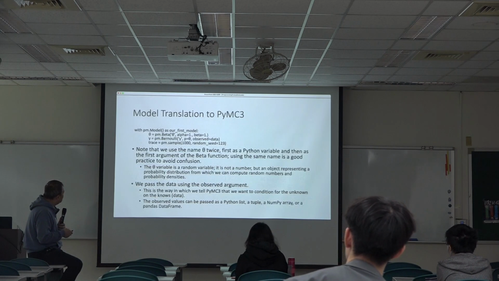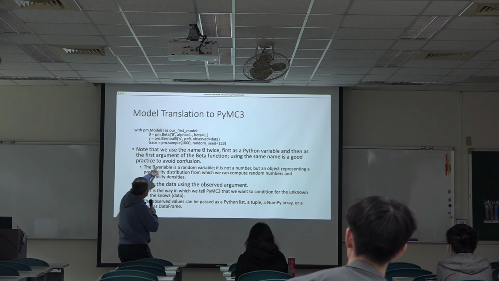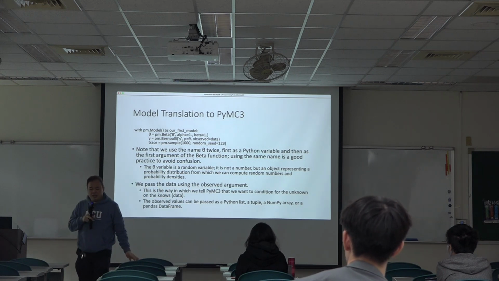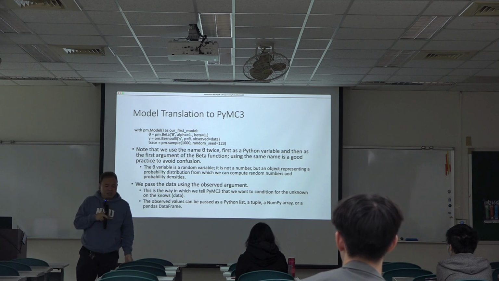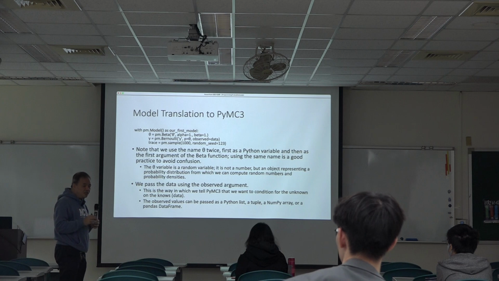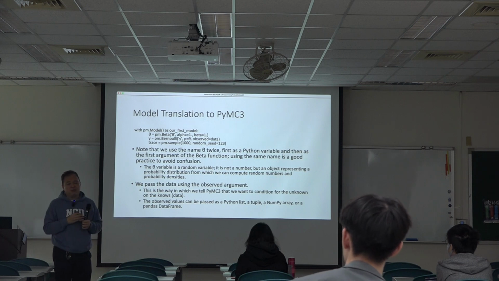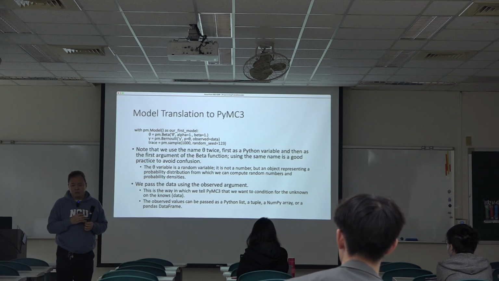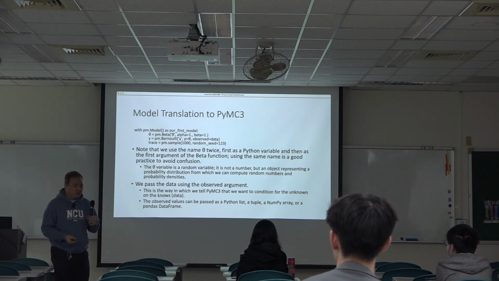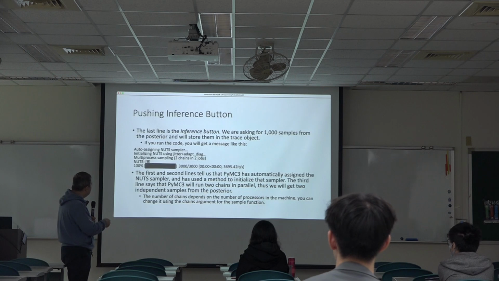You can see that with pm.sample, we didn't specify a lot of information, but this sampling process is going to generate the posterior distribution for you automatically, without the need for you to set up a lot of options. It will just generate this, this inference button.